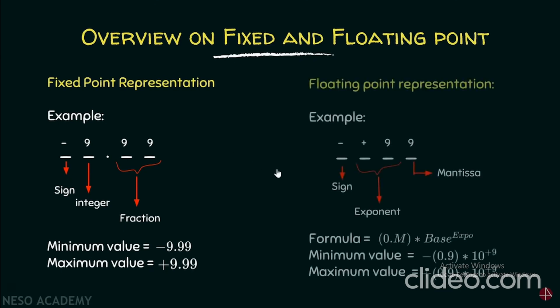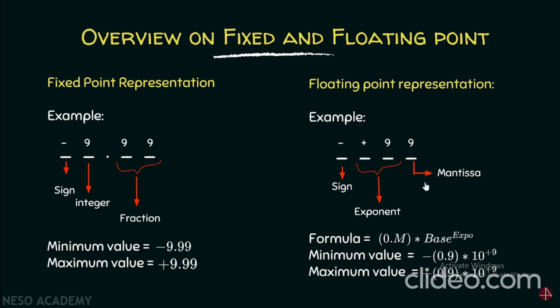Floating point representation, on the other hand, is quite an unnatural way of representing real numbers. It requires a formula to represent real numbers. For example, suppose again we have only 4 places to enter the digits. The first place is fixed for sign, the next 2 places are fixed for exponent, and the last place is fixed for mantissa, or you can say significand.